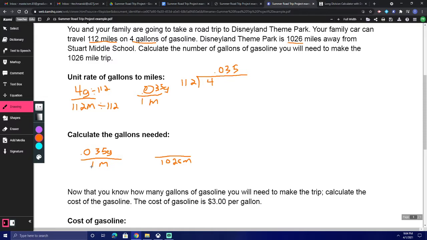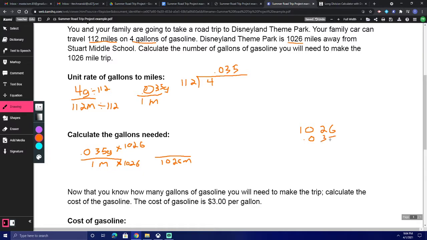In order to get from 1 mile to 1,026 miles, I will multiply by 1,026. And I know this because 1 times any number equals that number. And what I do to the bottom of my rate, I also need to do to the top. 1,026. So this will leave me with the multiplication problem.